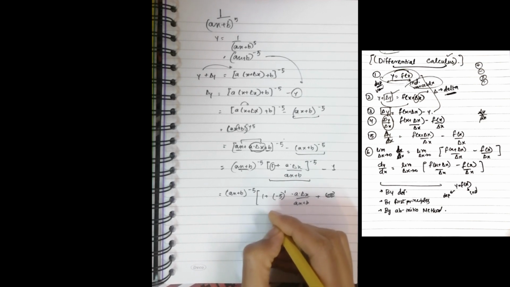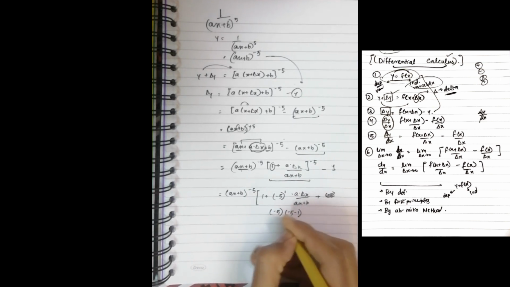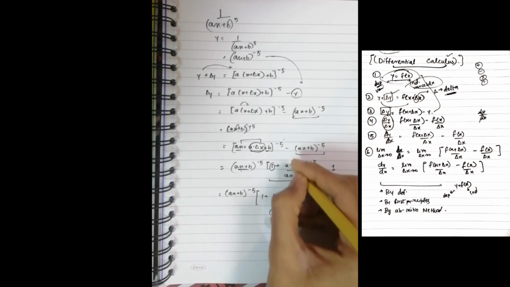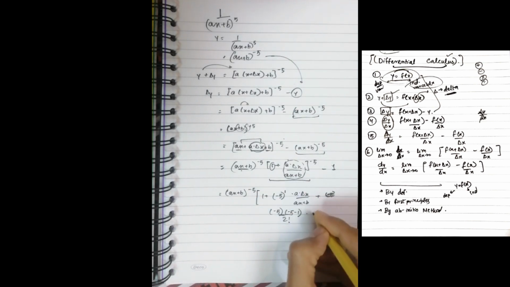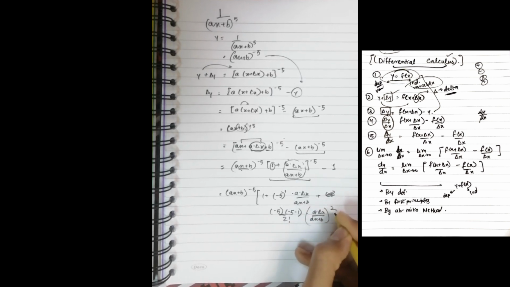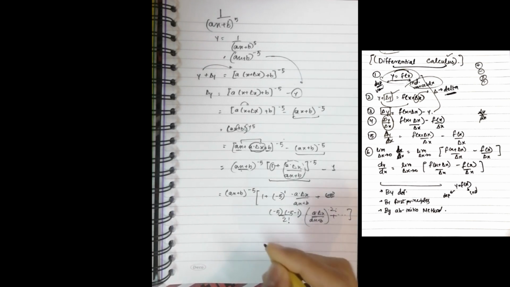Let me write it on the next line. Minus 5 minus 1 divided by 2 factorial. Why 2 factorial? Because there are two terms in the numerator. Also, all of the effect is going to take place in the second term, so the second term becomes a·delta x divided by ax + b with a whole power of 2, 2 factorial, 2 power.